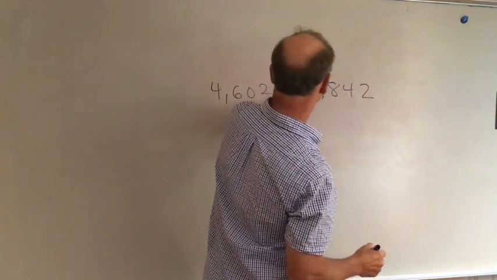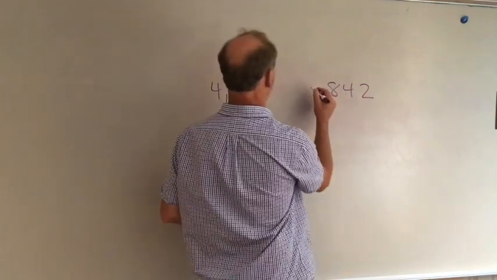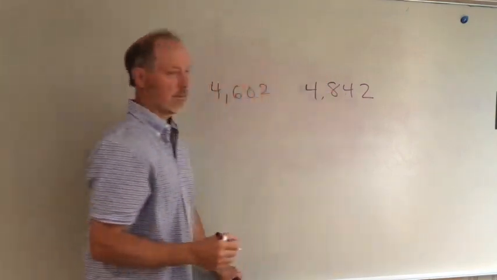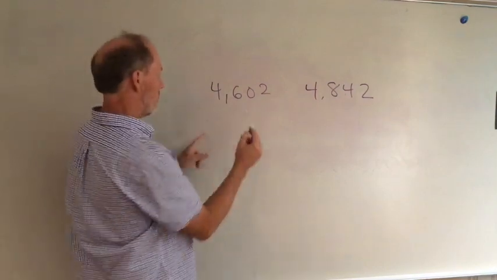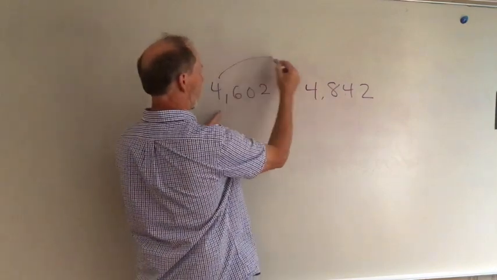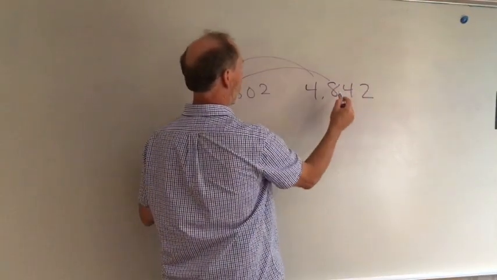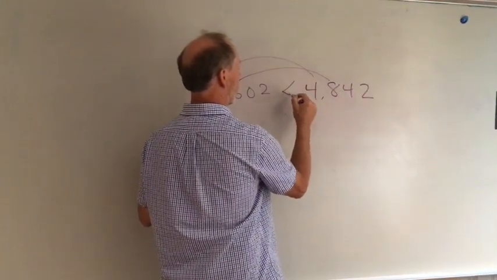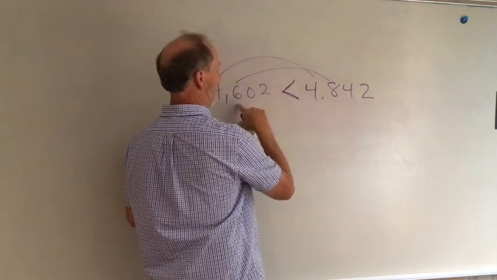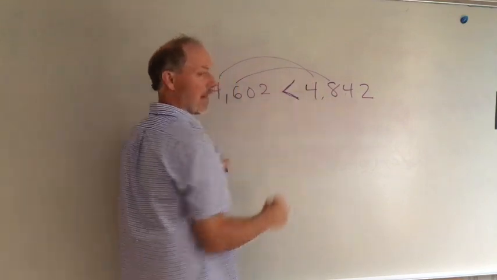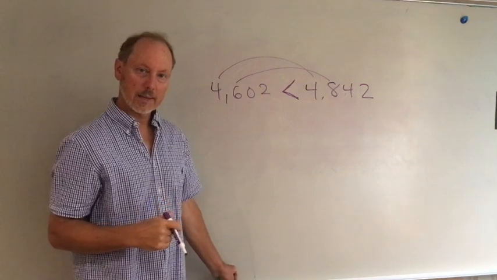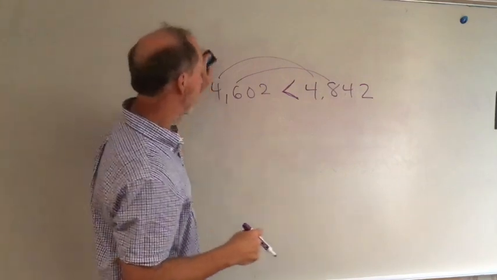But what if the number was like this? What would you do then? You look at the highest place value. It's 4,000 and 4,000. So far it's a tie. And then it's 6 to 8. Oh, he won. This number is less than that number. Get the idea? So you just go head to head.